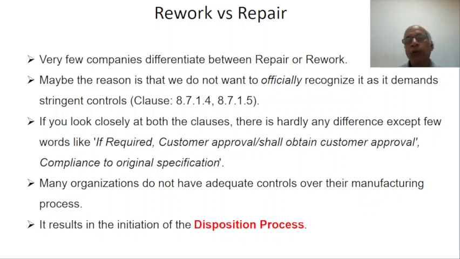But manufacturing companies don't have adequate controls on their manufacturing process. As a result, they need to initiate disposition processes. So the first thing we are going to learn now is what is the disposition of the part.